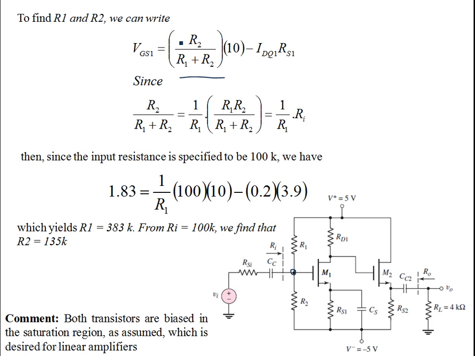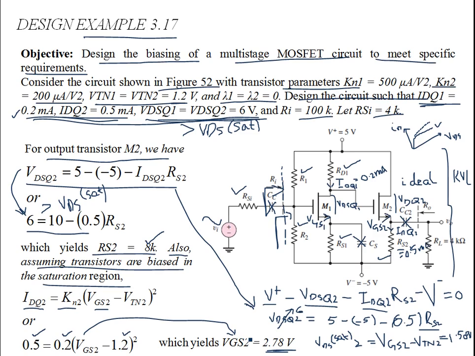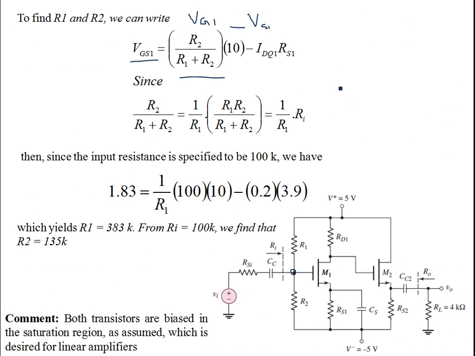Since we are writing this for VGS1, which is VG1 minus VS1, already evaluated as 1.83 volts, let's set this equation equal to 1.83 volts. Also, forget about this coupling capacitor. This is open, so the circuit is open from these nodes.